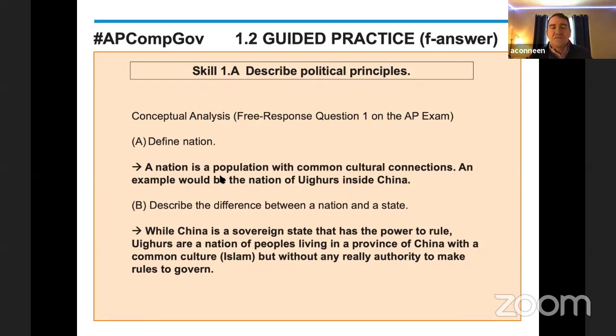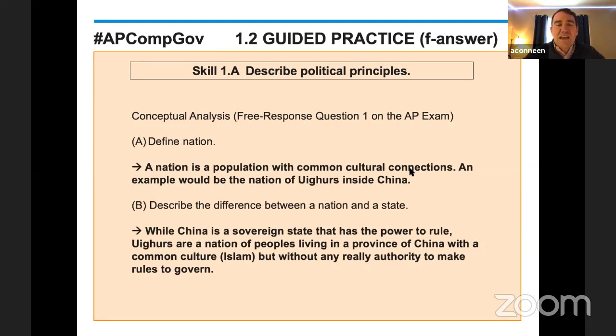Even if another part of that FRQ is asking for an example of that concept, I would really get in that good habit of being complete with your definitions and your descriptions of concepts and provide, in some cases, a concrete example. But let me be really, really clear.